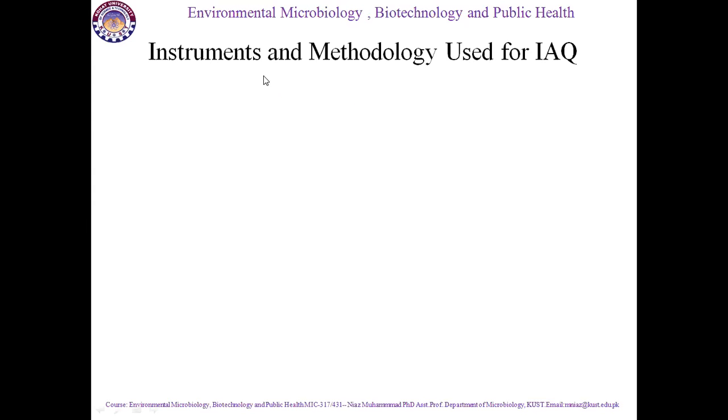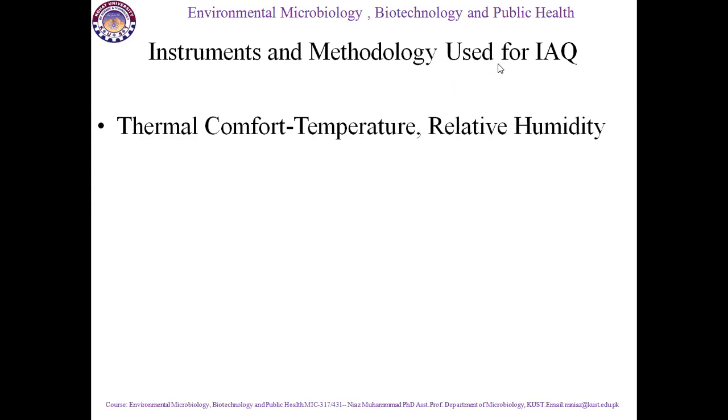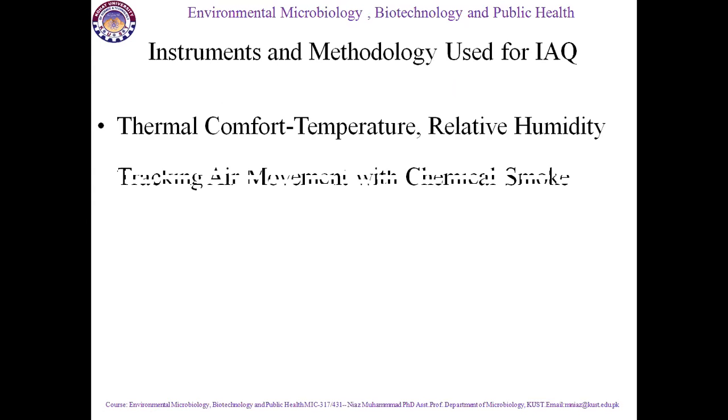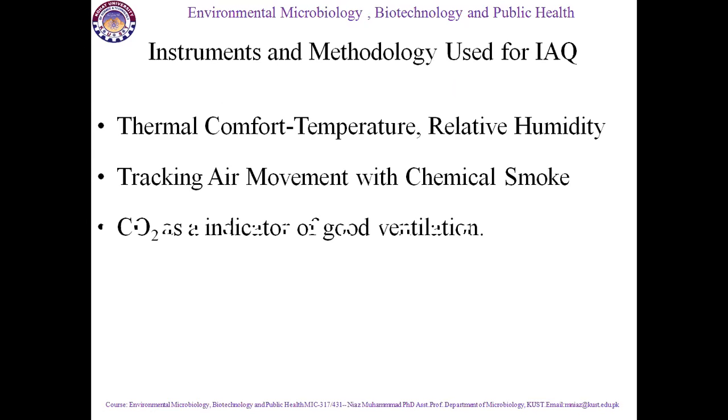We must check the instruments and methodology used for indoor air quality, thermal comfort, temperature, and relative humidity. We must check tracking air movement with chemical smoke, to see how the air moves inside the building.